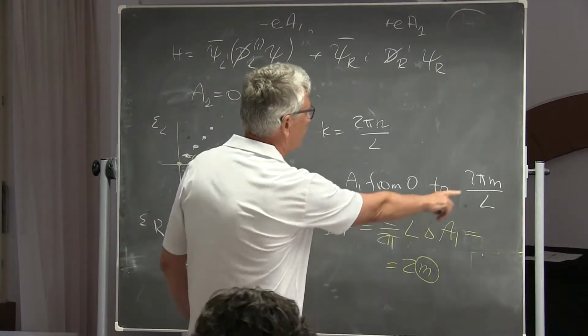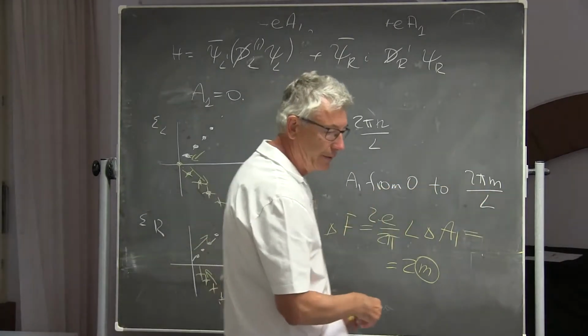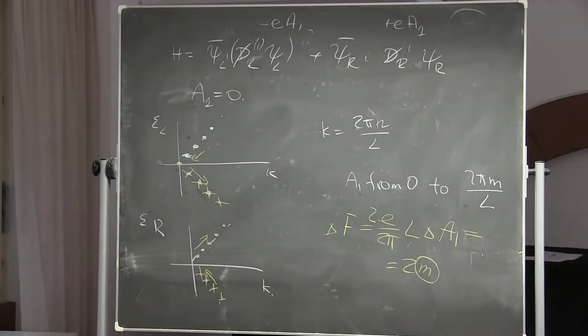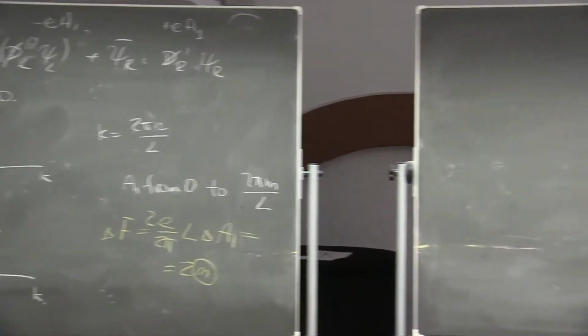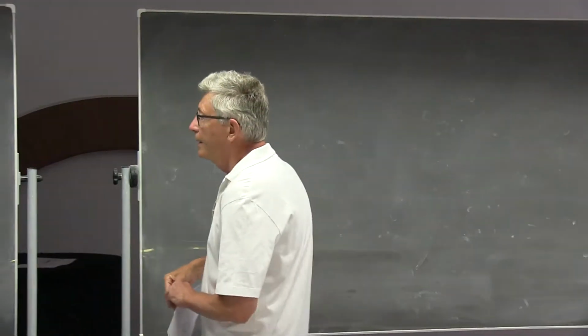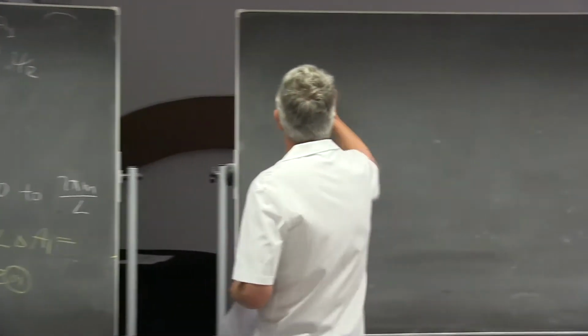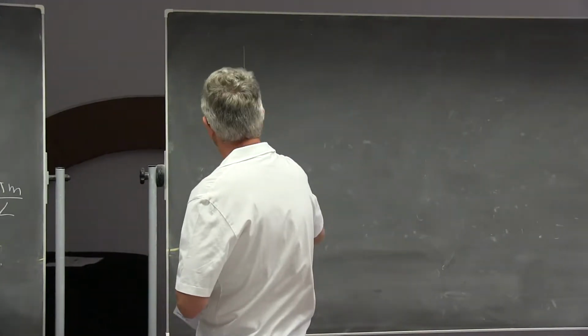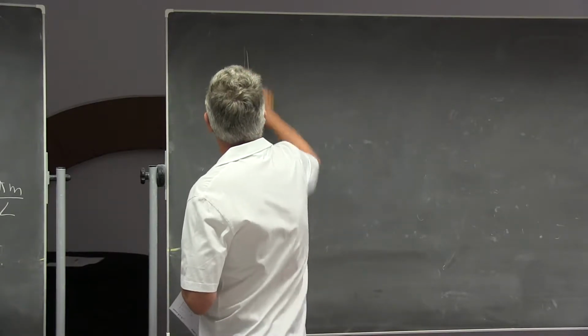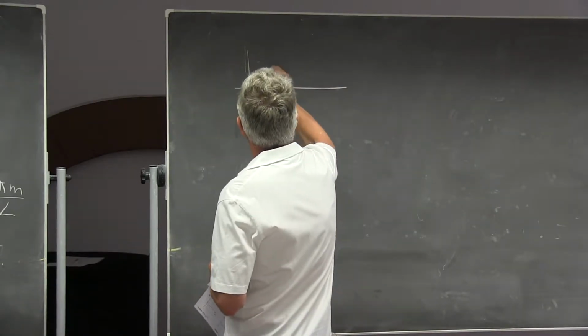Suppose that I go from a configuration with 0 topological number initially, and finally I get a topological number which is equal to 1. So this picture will be changing to the following.